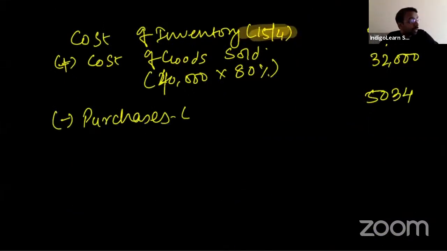Why? Because when we purchased, we increased the value of inventory. Now, because we have sold, we will reduce it, right? So, we have 50,000 of cost of inventory, cost of goods sold 32,000, which we need to add, and then 5,034 we need to deduct.